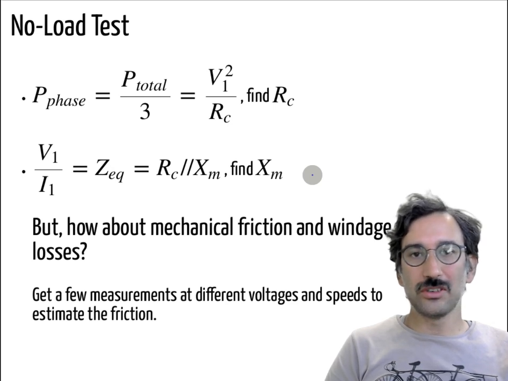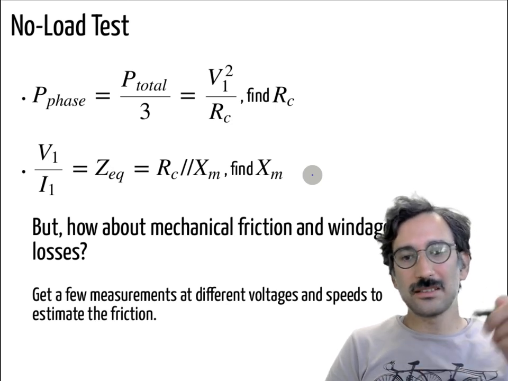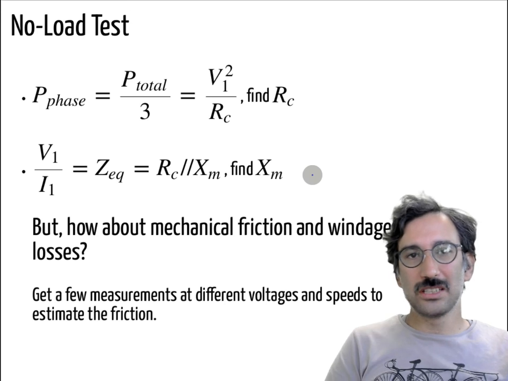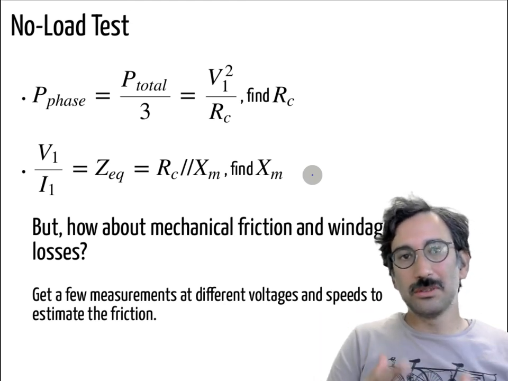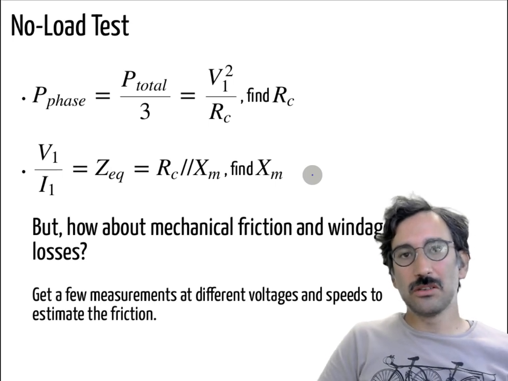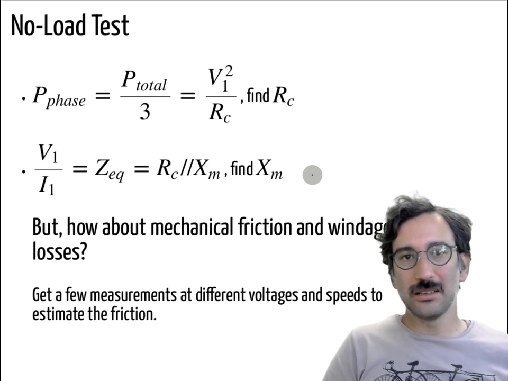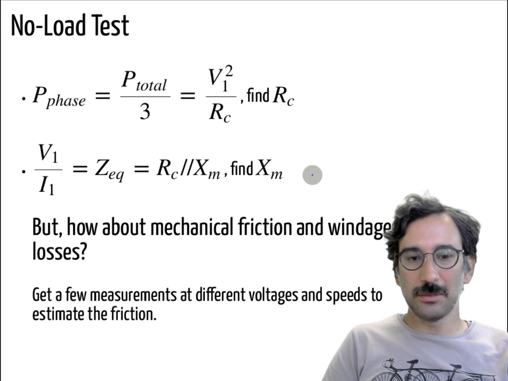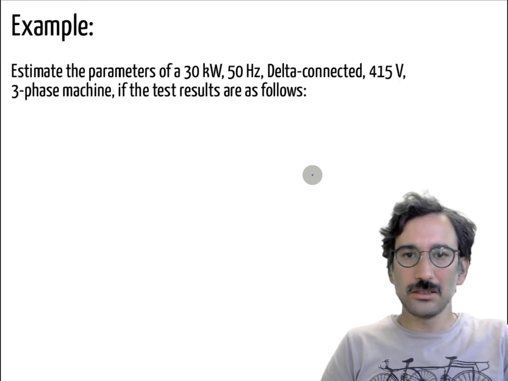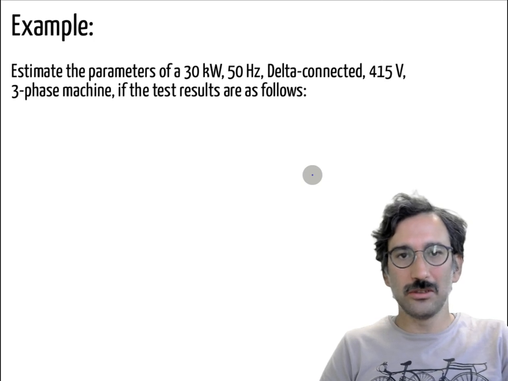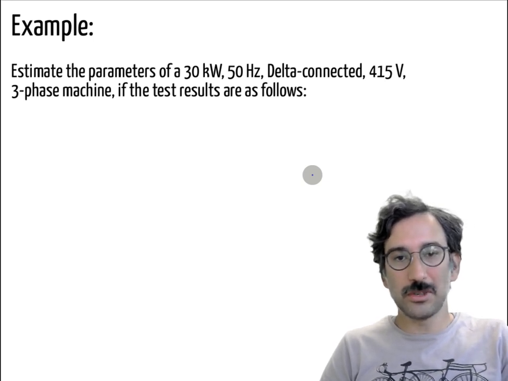It causes different speeds, so you can get an understanding of how the friction changes. Or if you know the geometry and the brands of the bearings, you can also estimate the friction and other mechanical losses. Okay, so let's stop here, and I will solve that problem in the next video.